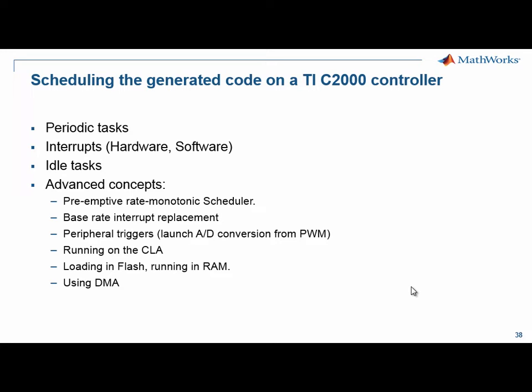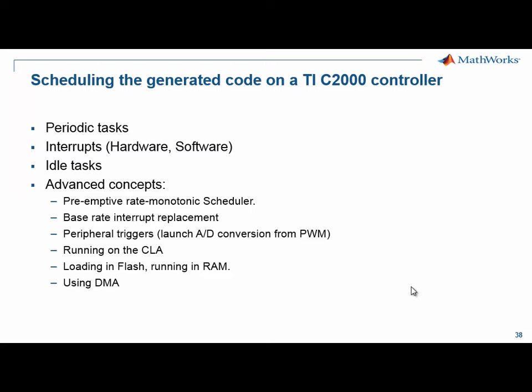We offer the capability of scheduling idle tasks that will run in the background, and we have a bunch of advanced concepts like the ability to replace the base rate interrupt of the rate monotonic scheduler with, for example, an ADC interrupt if you want to have your scheduler running from an ADC interrupt.